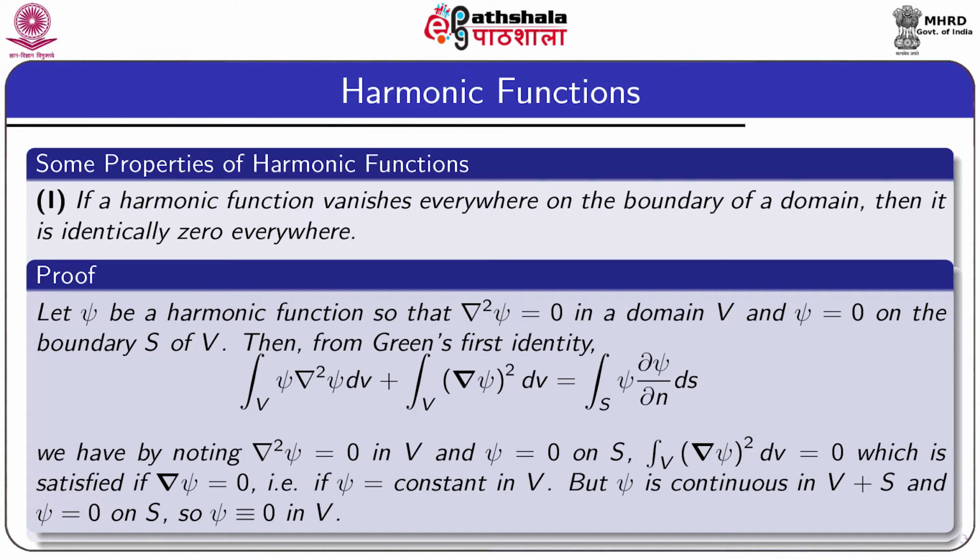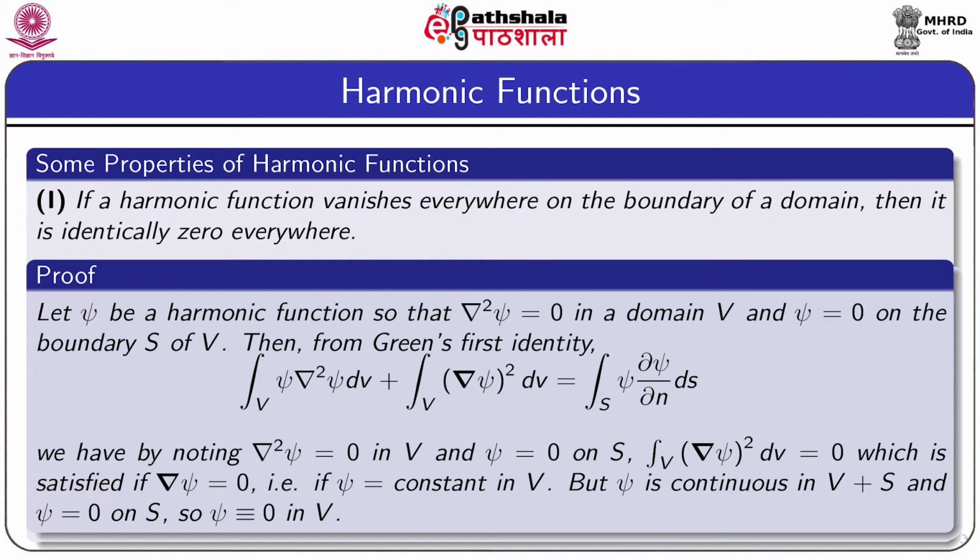I have already defined a harmonic function. Now, I am going to discuss some properties of harmonic function. The first property, it is written here: if a harmonic function vanishes everywhere on the boundary of a domain, then it is identically 0 everywhere.